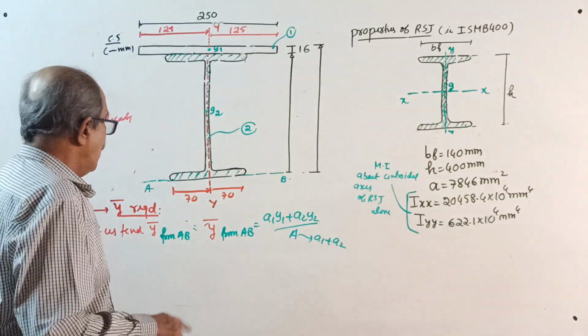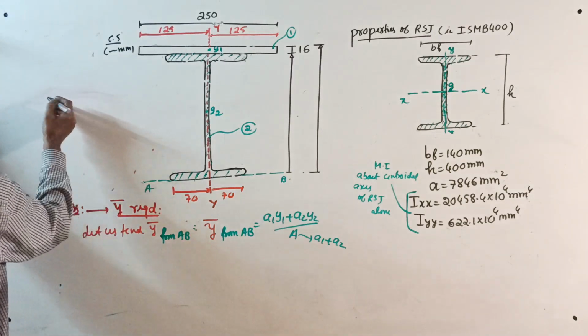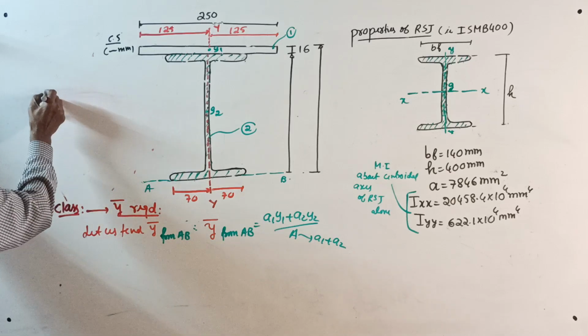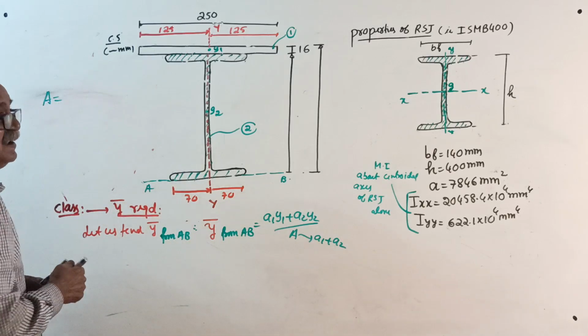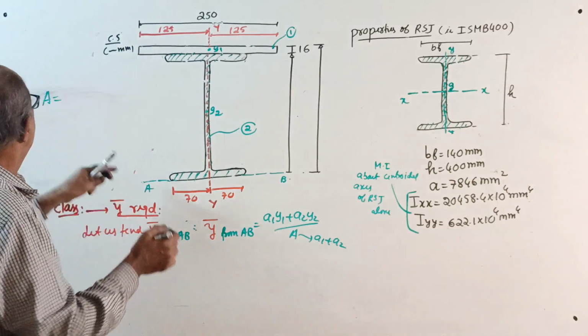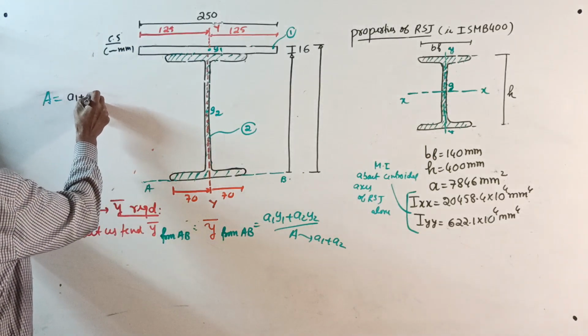Okay, now always make a practice to find the total area, because in case of columns and beams, so many times the area of cross section is required. Therefore, better calculate, not a waste of time. Sir, A equals what? A1 plus A2.